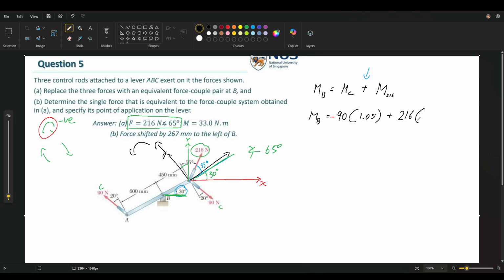So 216 times, what's the distance? Remember, we are finding perpendicular distance. So in this case, perpendicular is from B to C. In this case, 0.45. Type that into the calculator. I'm also going to type that in because I also want to be sure of my working.